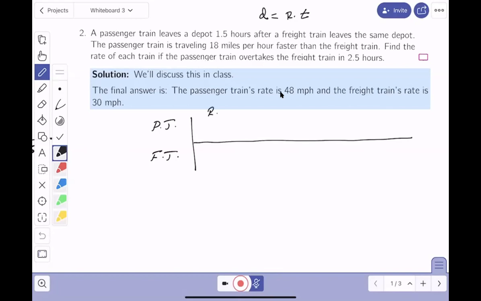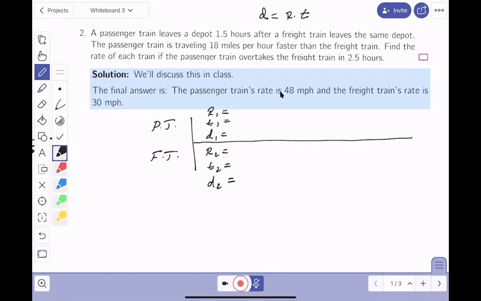I'll say R1, T1, right? And D1. I'm going to say freight train is the second guy they talk about, R2, T2, D2.